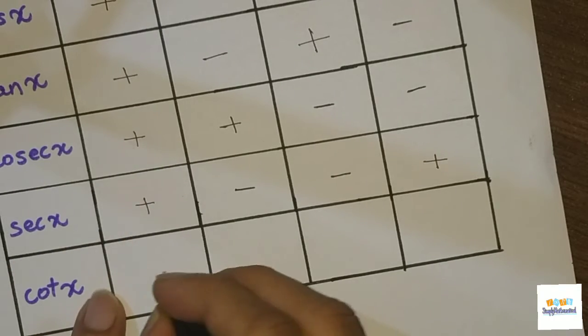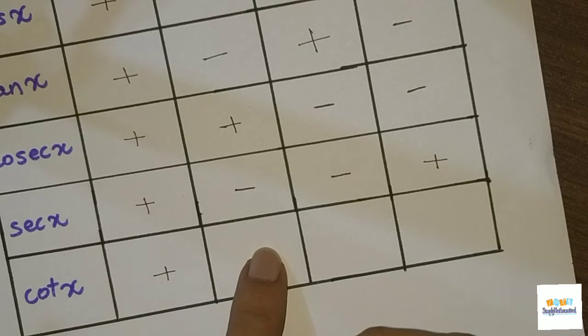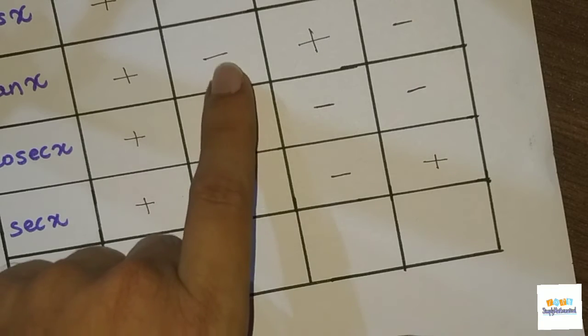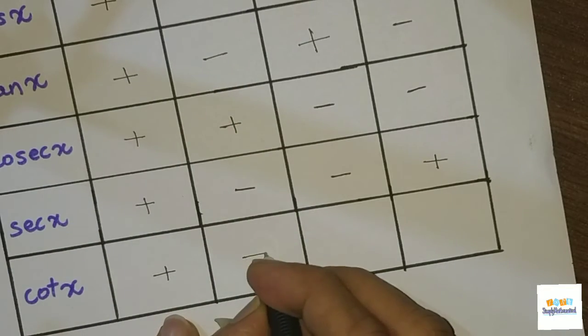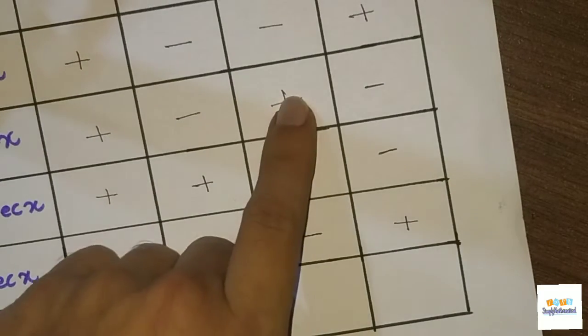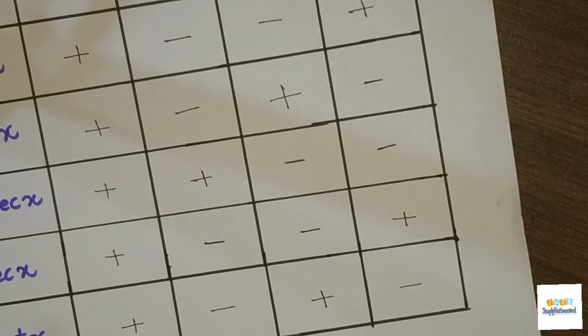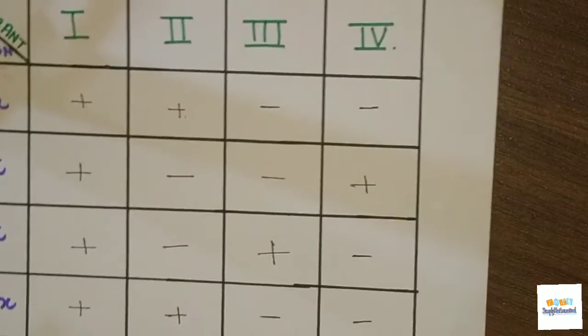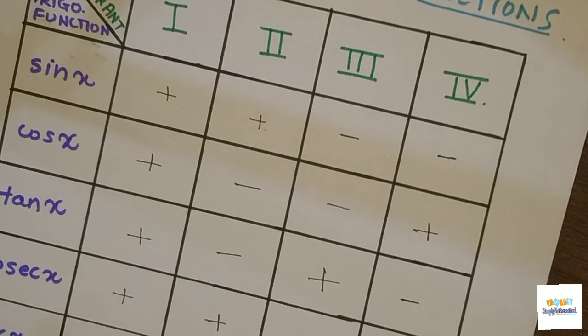The reciprocal of a positive quantity will be positive here in the first quadrant. The sign of cot x in the second quadrant will be what? 1 by a negative quantity, which is negative. Then 1 by a positive quantity, which is positive, 1 by a negative quantity, which is negative. So this is the table that you get for signs of trigonometric functions.